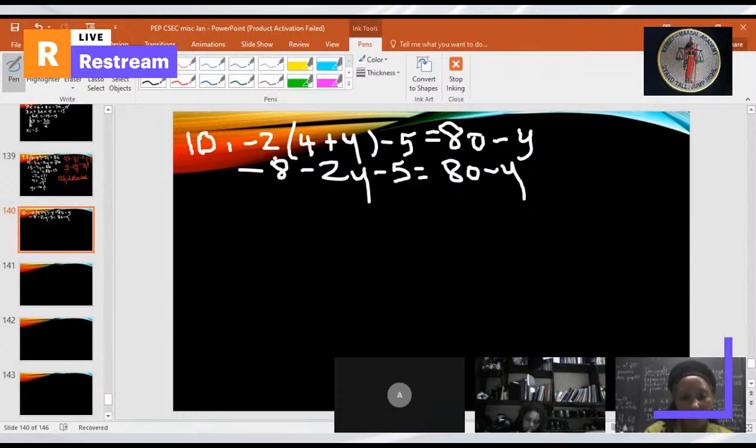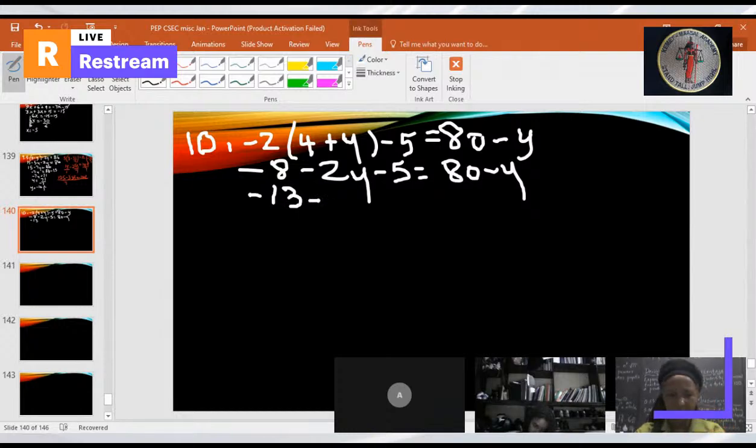Okay, so can we combine the -8 and the -5 from over here? Yes, Miss. So what would that give? Miss, that would give positive... no, sorry, Miss, that would give -13. Okay, so -13.